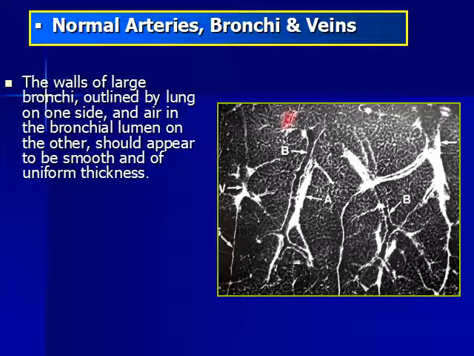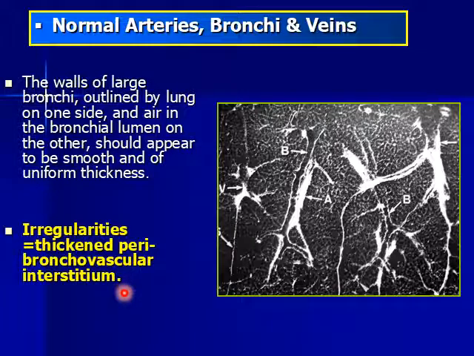The same is applicable for the bronchus. The wall of bronchi, outlined by lung on one side and air in the bronchial lumen on the other, should appear to be smooth and of uniform thickness. Irregularities or increased thickness of these walls means that we have thickened peribronchovascular interstitium.